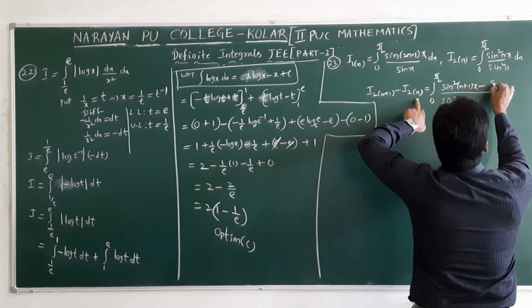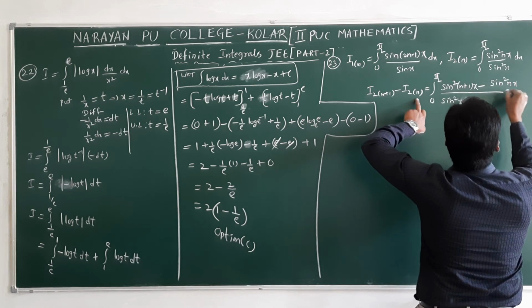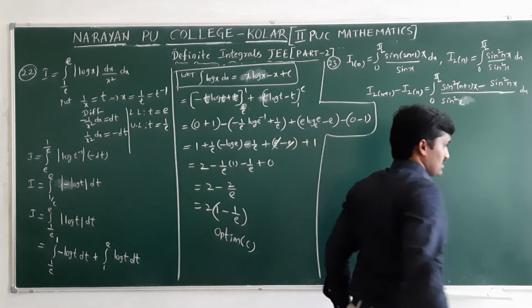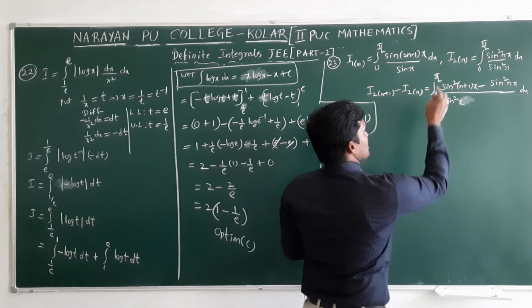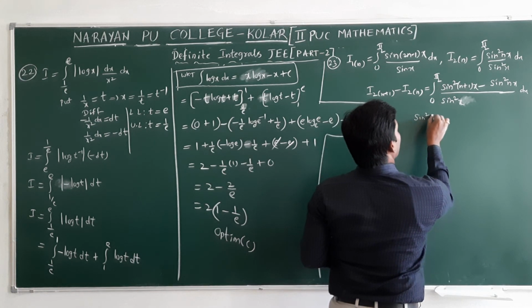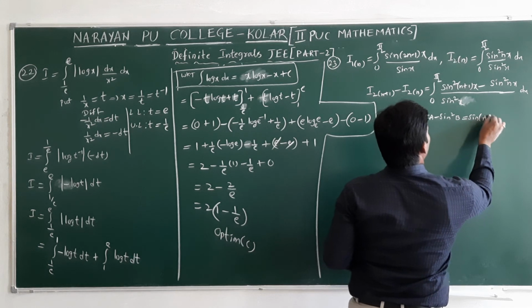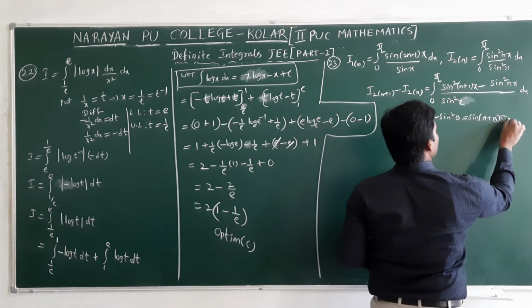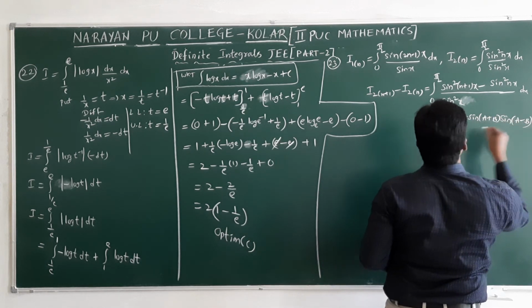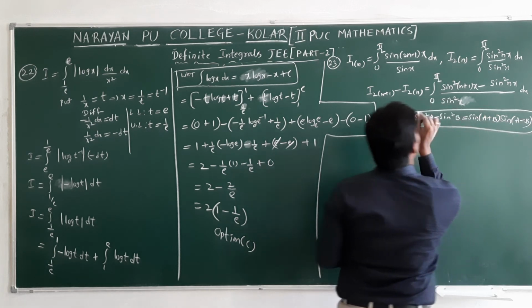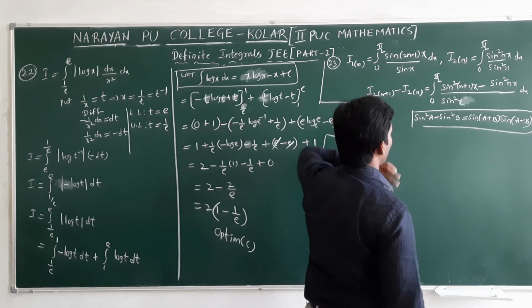Minus I2 of n means the same, sin square of nx into dx. Here we have the formula sin square a minus sin square b, that is sin of (a plus b) into sin of (a minus b). Denominator is the same for both, that's why I am writing directly.